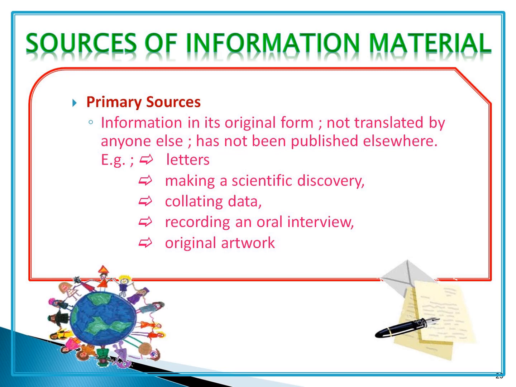Primary sources display original thinking, new discoveries, and fresh information which has not been translated by anyone else or published elsewhere. Examples of primary sources are letters, scientific discoveries, collected or combined data, oral interviews, and original artwork.